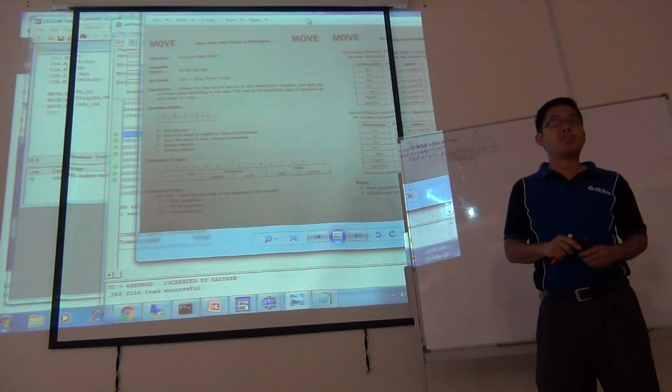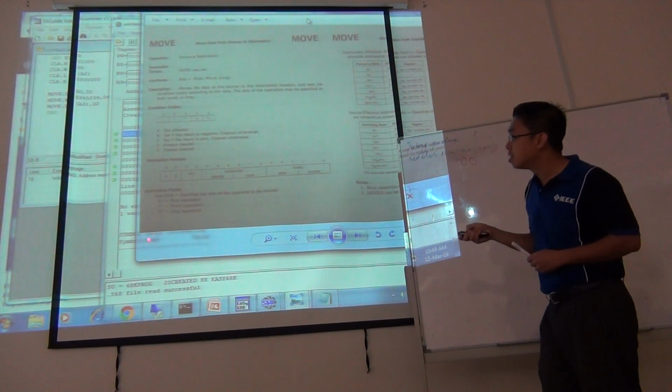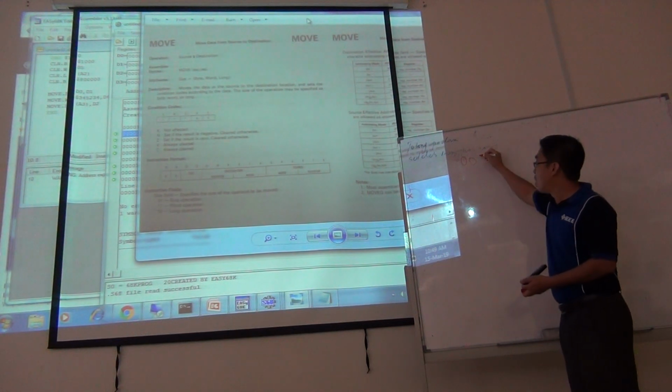Size: move.W, size is W. The next value is what? 1, 1, correct? 1, 1.